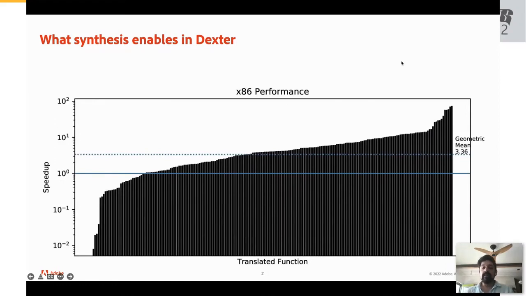So what we did with these translated functions was apply a really simple and fairly generic schedule. We just decided, let's parallelize the outermost loop, so let's parallelize across chunks of rows, and let's vectorize the innermost loop for all of these image processing algorithms.